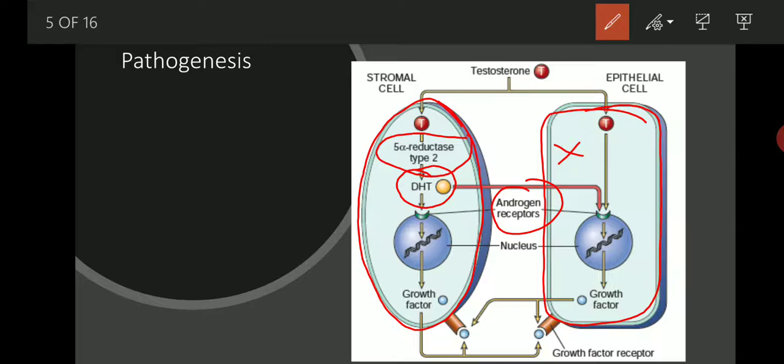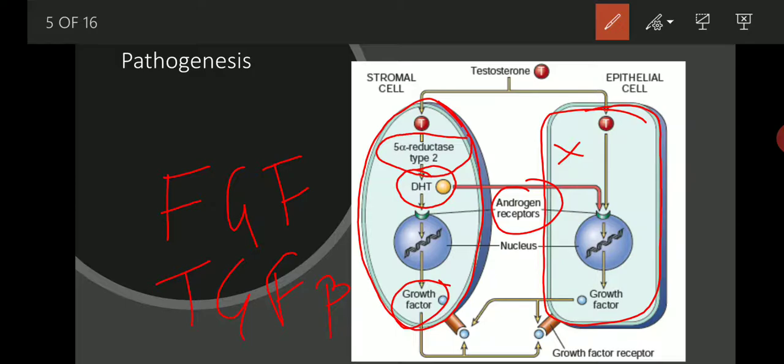It induces the synthesis of growth factors. The most important growth factors that are elaborated by the effect of dihydrotestosterone are the fibroblast growth factor and the transforming growth factor beta. Both these growth factors lead to mitosis and proliferation of the stromal cells.